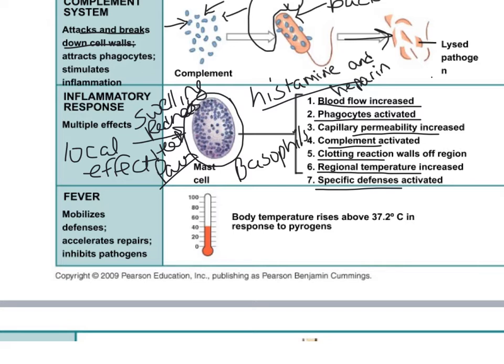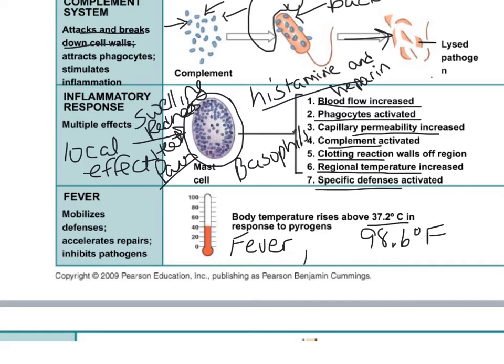Fever is a body temperature above normal. So normal is 37.2 degrees Celsius or 98.6 degrees Fahrenheit. Anything above 37.2 or 98.6 is considered a fever.